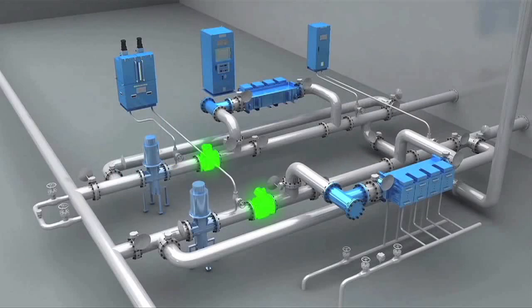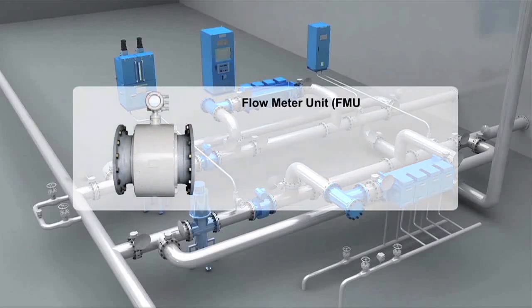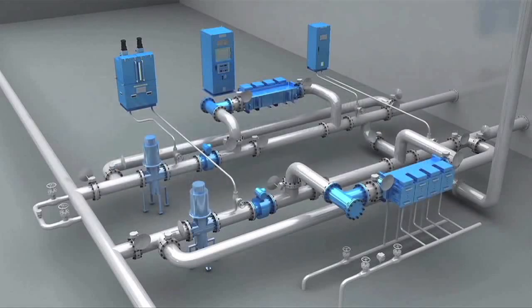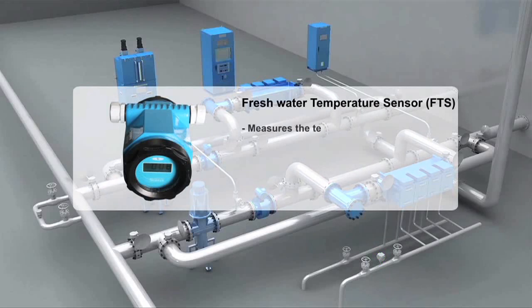Measures flow rate. Provides real-time information about flow rate during ballasting and deballasting operation, assisting ECS. Measures the temperature of cooling water which is supplied to the rectifier in real time.